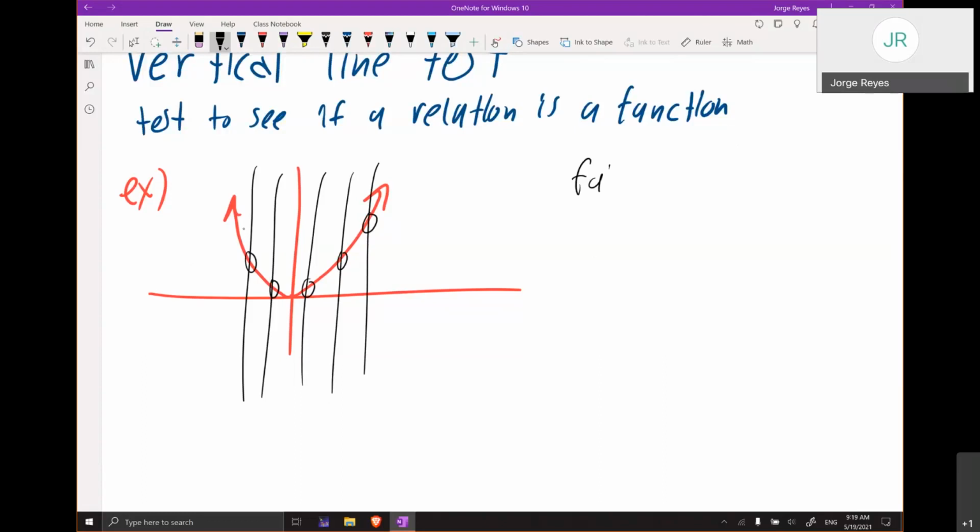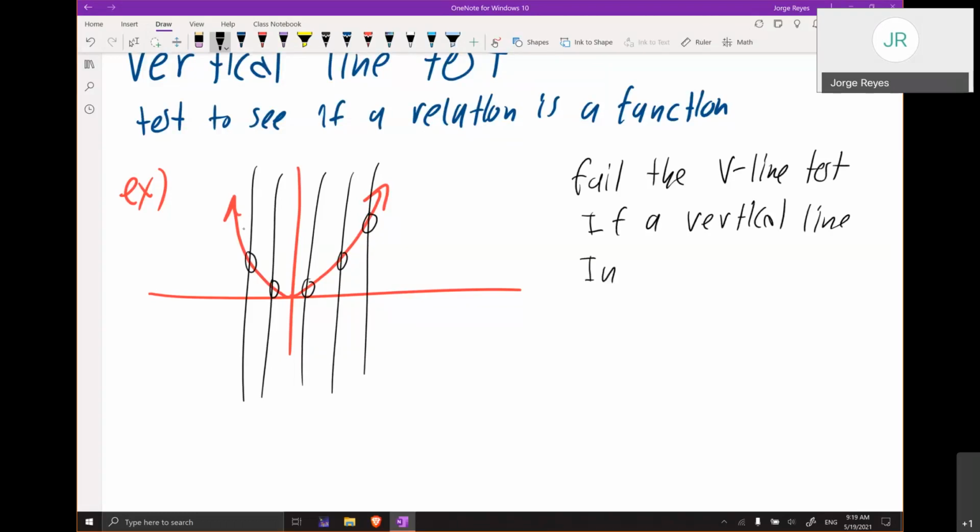You fail the vertical line test if a vertical line intersects the graph more than once.